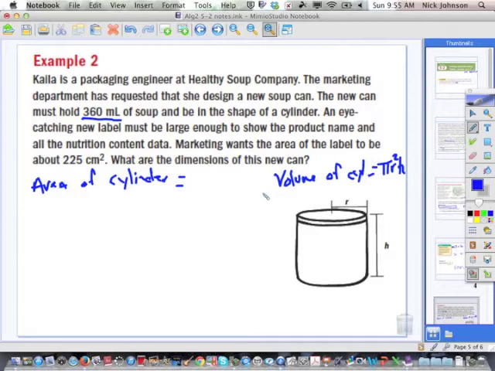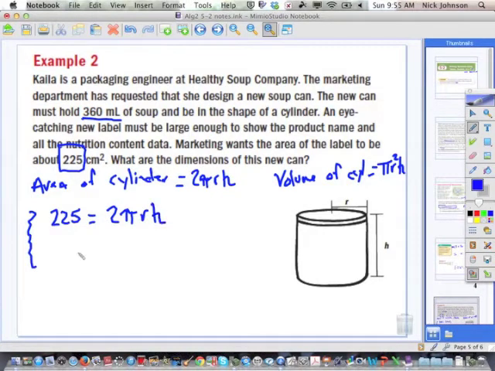Now, area of a can. Area of a can is 2 pi r h. Okay, so what this is going to help me with is give me the two equations that I'm going to come up with. My area of my cylinder needs to be 225, so 225 has to equal 2 pi r h.